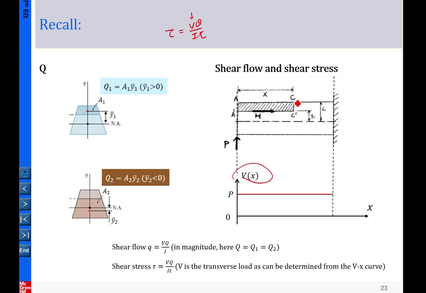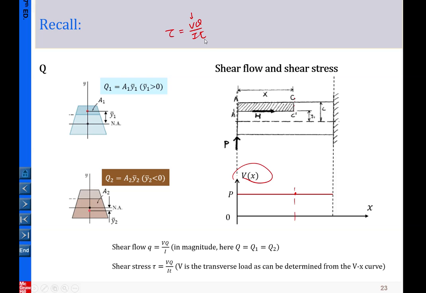For example, if we are interested in this section here, then here is the P. And from your experience of building up the shear diagram, you can see the curve wouldn't be just this simple. They can be changing, can be other various forms. So building up the shear diagram will be convenient for determining V here.